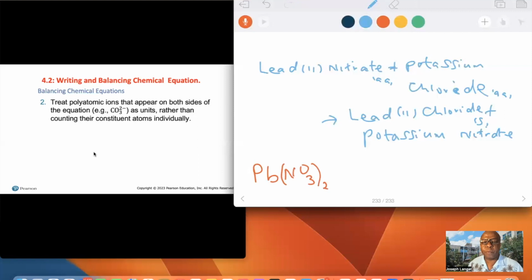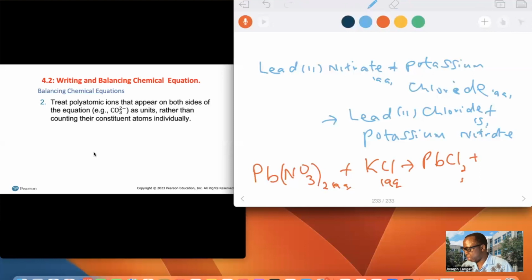Remember how to write the formula. This is aqueous, plus KCl aqueous, and by the way, this is an arrow, I meant to say produce, PbCl2, this is solid, plus KNO3 aqueous.